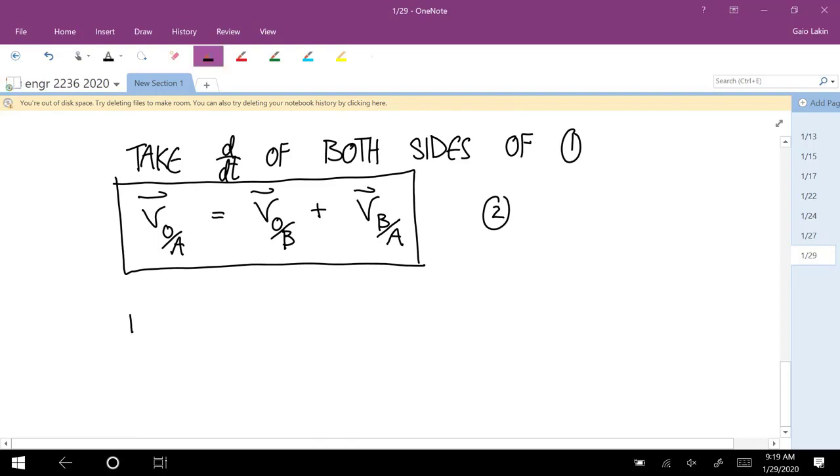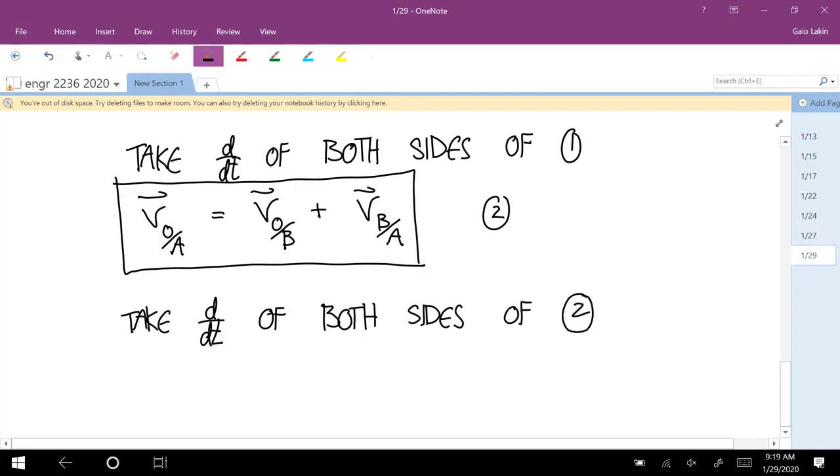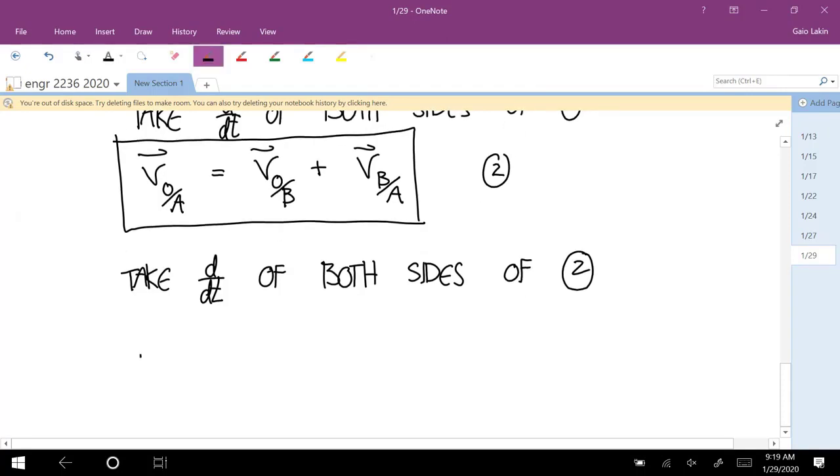And then do it again, take the time derivative of both sides of 2. And you get the third one, that's the accelerations.